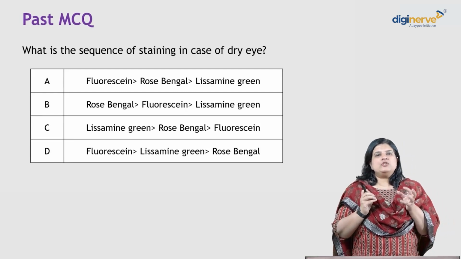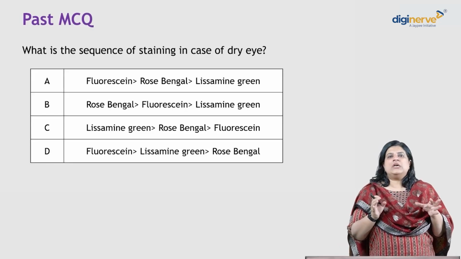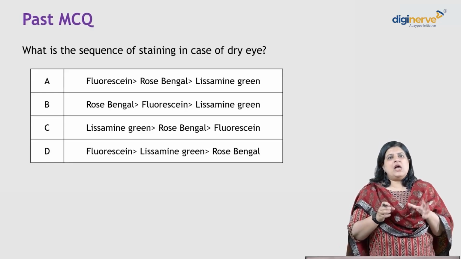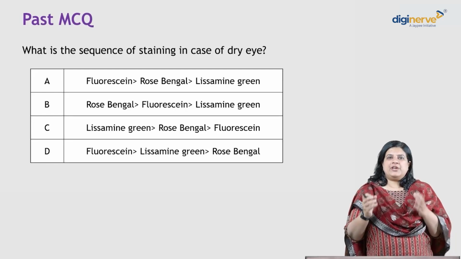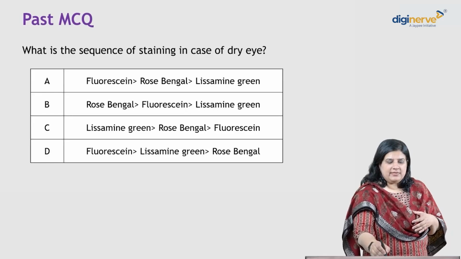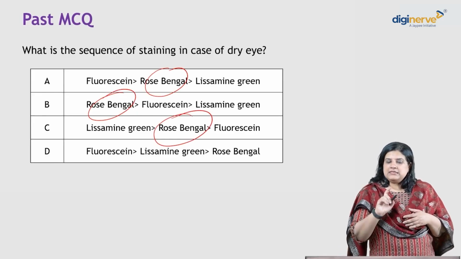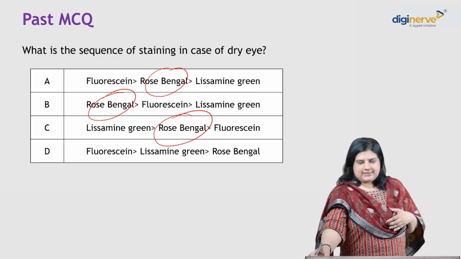If you put something which is very irritant right in the beginning or in the middle, it is really going to cause a lot of inconvenience to the patient and you're not able to figure out your precise findings. So Rose Bengal in the beginning, or again in the middle, does not seem like the right choice.